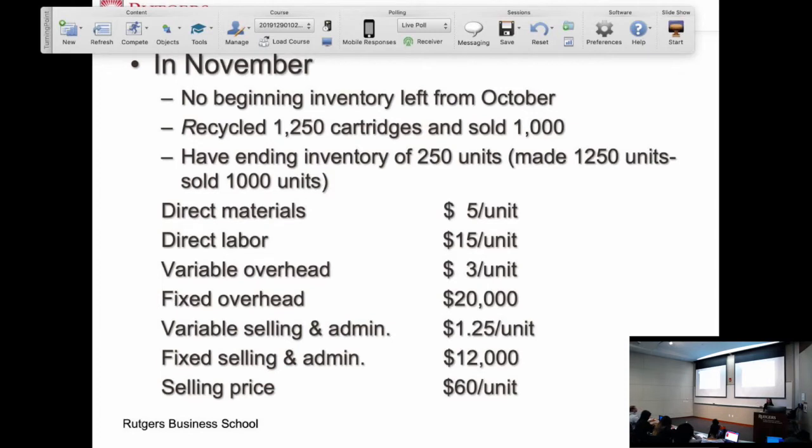So now it's your job to calculate the unit product cost under absorption costing and the variable costing. So do it right now. Calculate the unit product cost. You need to sum all the components of the product cost.